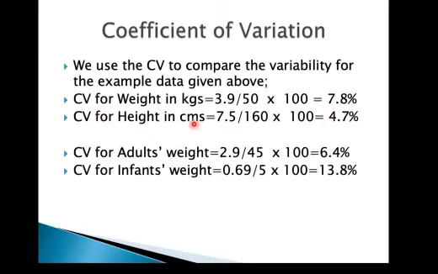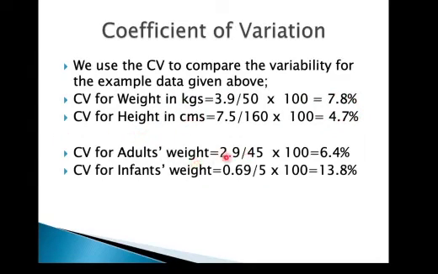And for height in centimeters, this is the standard deviation 7.5 divided by 160, the mean, and 4.7 is the coefficient of variation. Now, if you look at the coefficient of variation, we will note that weight in kilograms is more variable than height in centimeters. A while ago, we thought it was height in centimeters that had more variability than weight in kilograms.